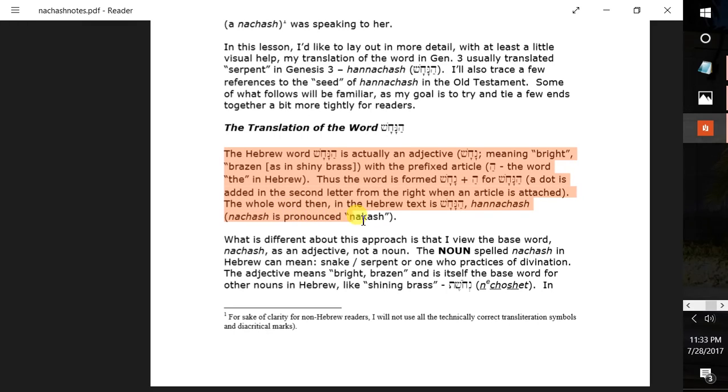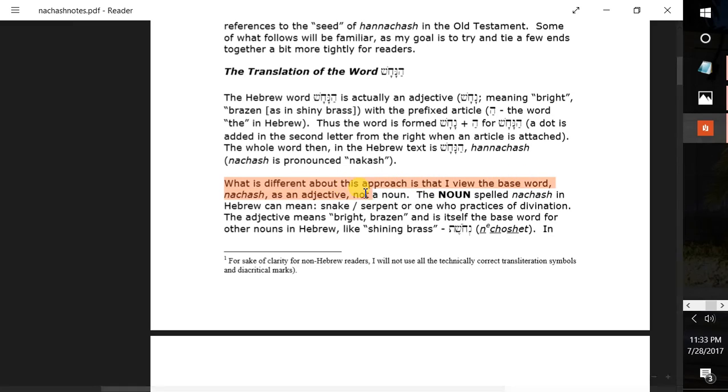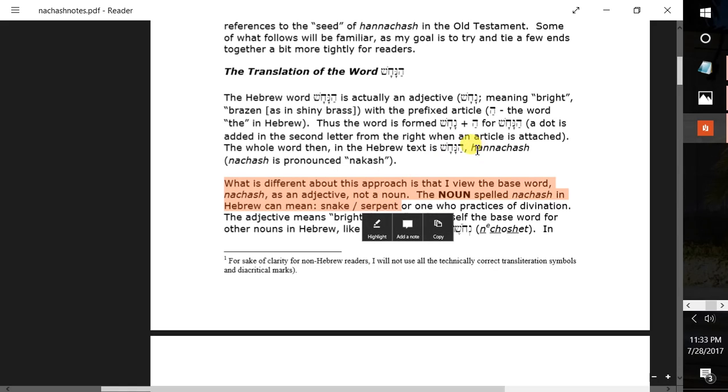So it's saying that the word that is interpreted as a serpent is called Hanakash. Let me continue reading. It says, what is different about this approach is that I view the base word nakash as an adjective, not a noun. The noun spelled nakash in Hebrew can mean snake or serpent. So he's saying that the word is Hanakash and not Nakash, okay?